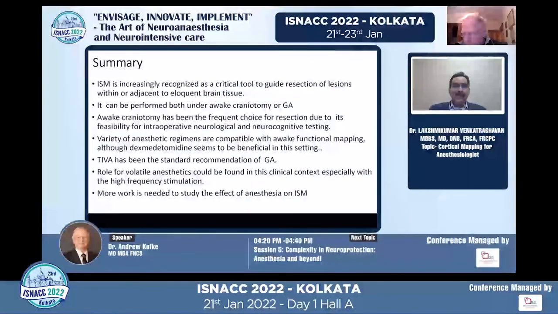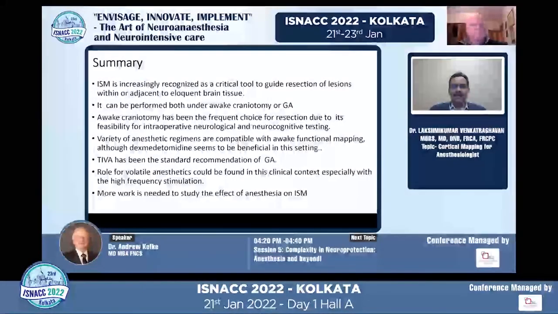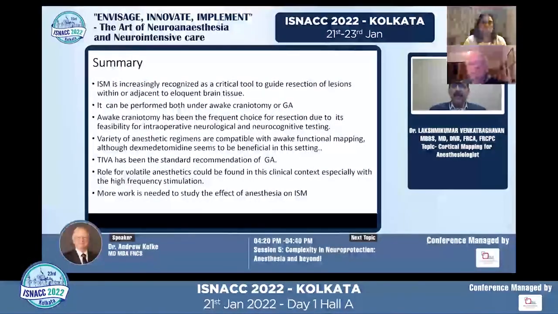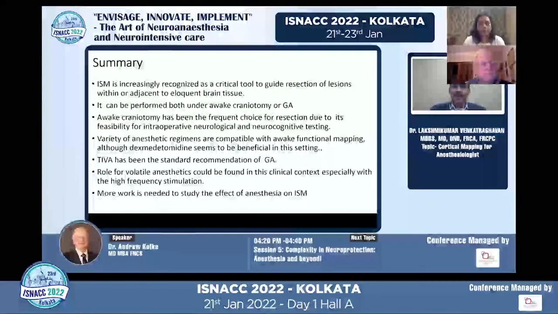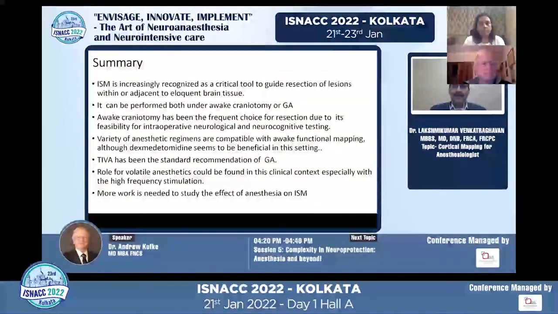So in summary, intraoperative stimulation mapping is increasingly recognized as a critical tool to guide the resection of pathology within or adjacent to the eloquent brain cortex. It can be performed under awake craniotomy or general anesthesia. Awake craniotomy has been the frequent choice for its feasibility of intraoperative neurological and neurocognitive testing. A variety of anesthetic regimens are compatible with awake functional mapping, although dexmedetomidine seems to be beneficial.